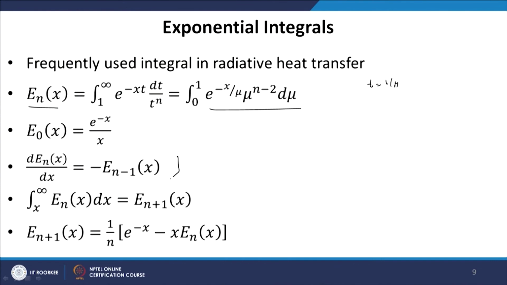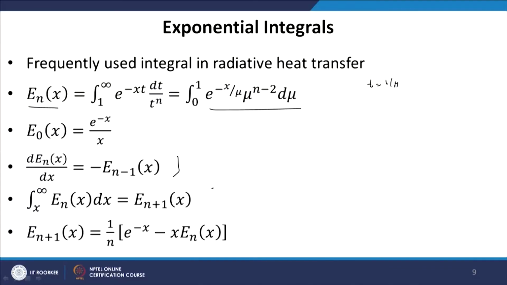Exponential integral is very powerful. It has a lot of properties that can be exploited. For example, the derivative property: the derivative of this exponential integral E n x is minus the exponential integral one order less, that is E n minus 1 x. Similarly, we can integrate this exponential integral, we get an order higher exponential integral.